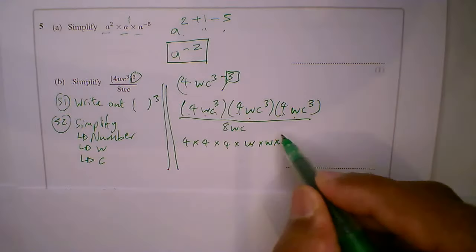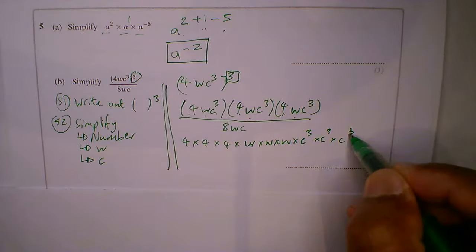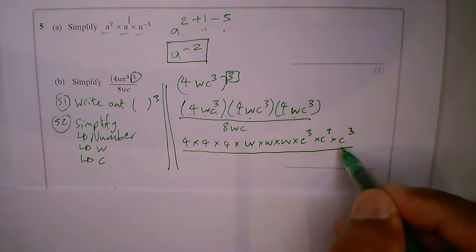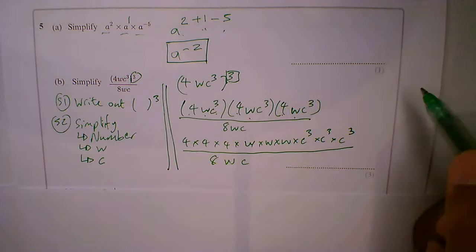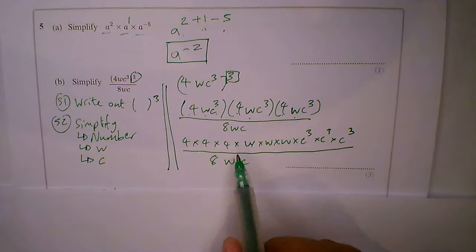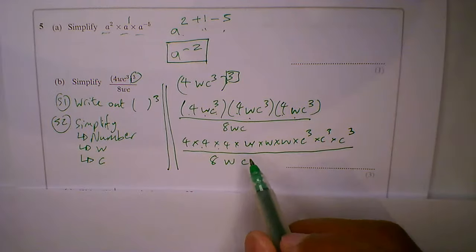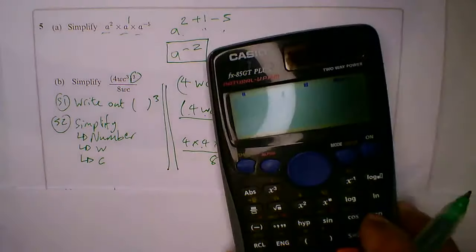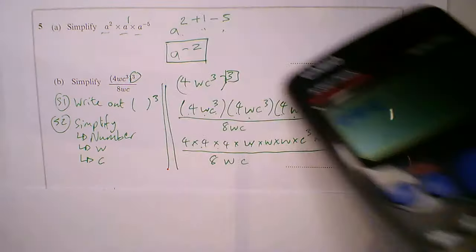And then I've got c cubed times c cubed times c cubed all over 8wc. So I can see here that I've got 4 times 4 times 4. Using my calculator here, that is 64.